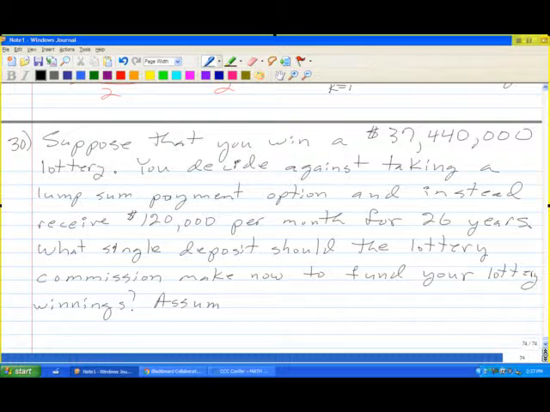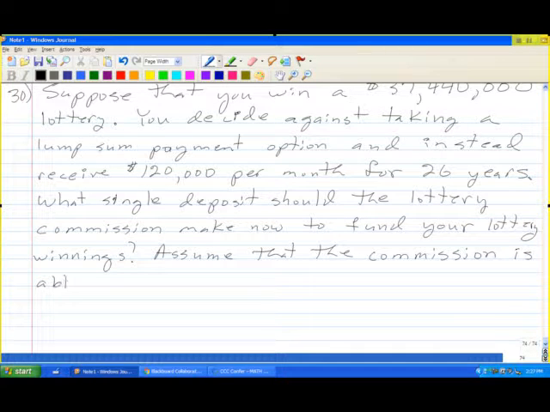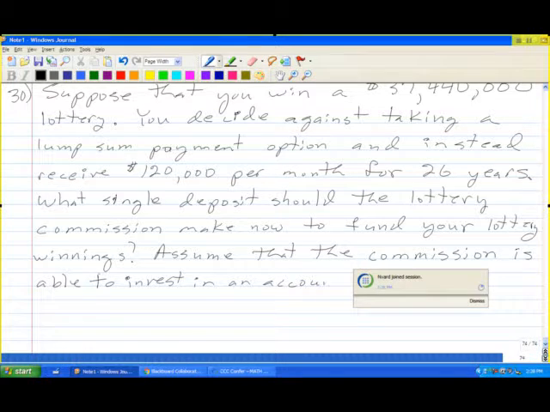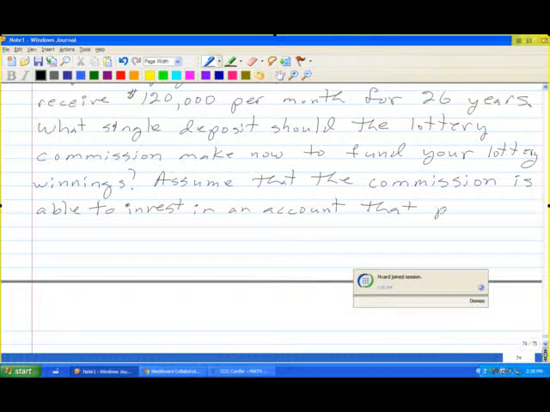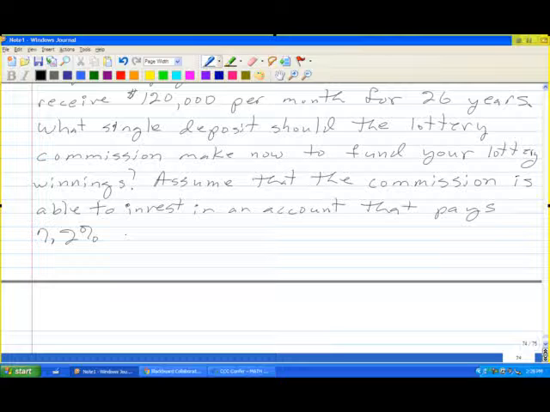Assume that the commission is able to invest in an account that pays 7.2% interest compounded monthly.